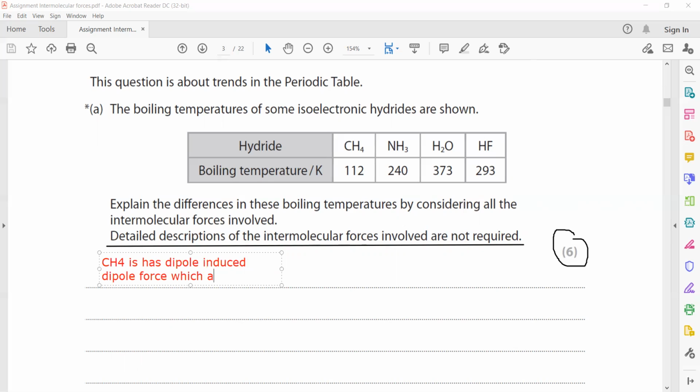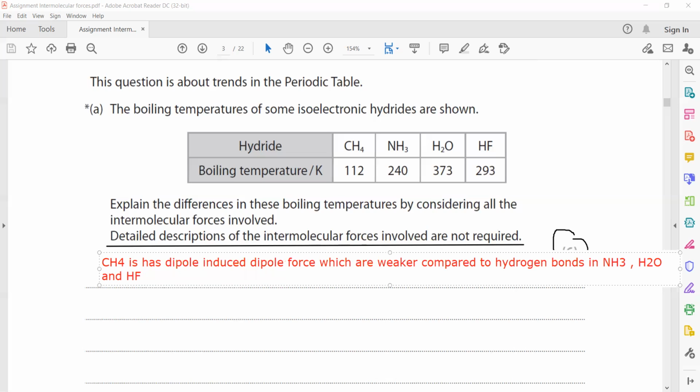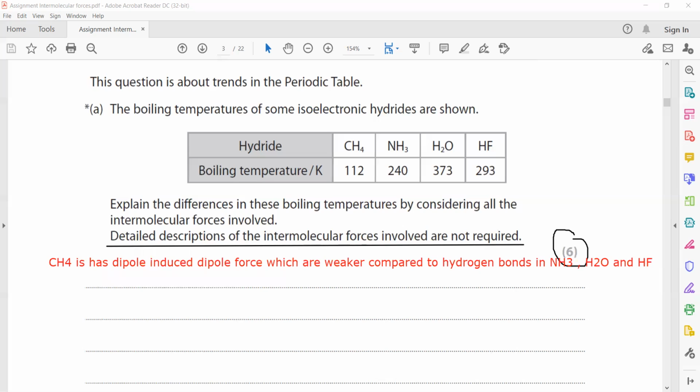which are weaker compared to hydrogen bonds, and NH3, H2O and HF all have hydrogen bonds, but those hydrogen bonds are stronger compared to the dipole-induced dipole forces in methane.